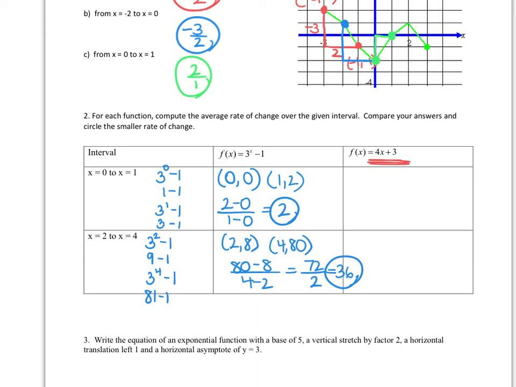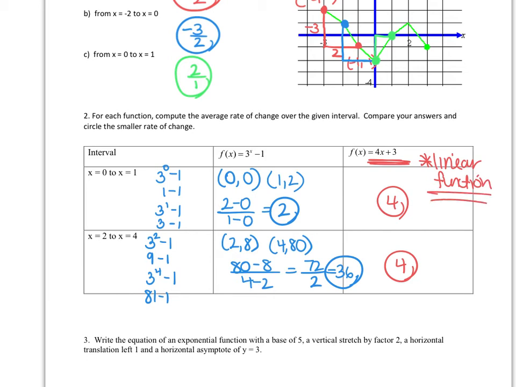So no matter what interval you're trying to find the average rate of change over, it will be 4. We don't even have to spend time finding the points and doing slope, because this is a linear function. Rate of change is constant on a linear function.